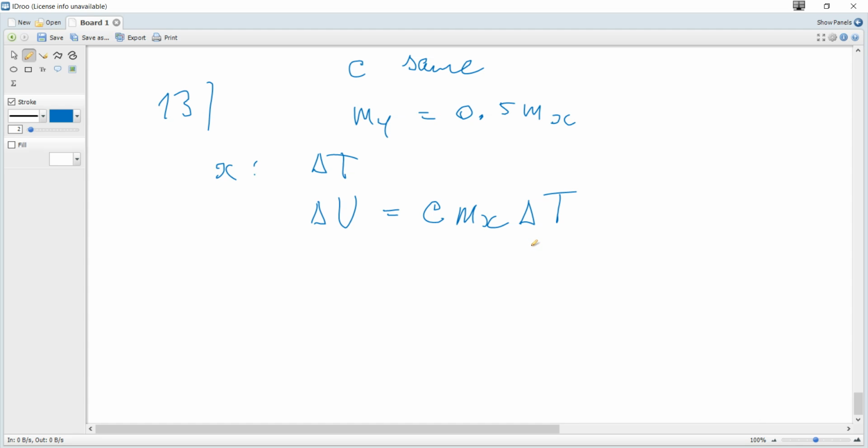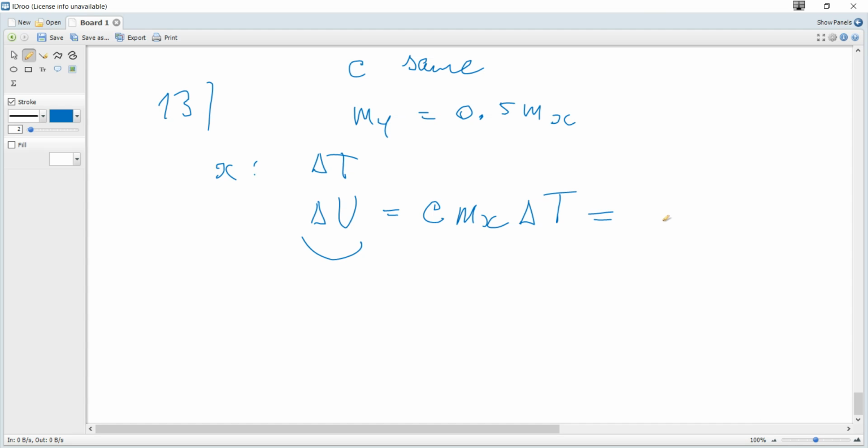And what is the change in magnitude of temperature of block Y, and the change in internal energy? Definitely, if no energy is lost, it means that energy is just transferred from one object to another, so this delta U is the same.